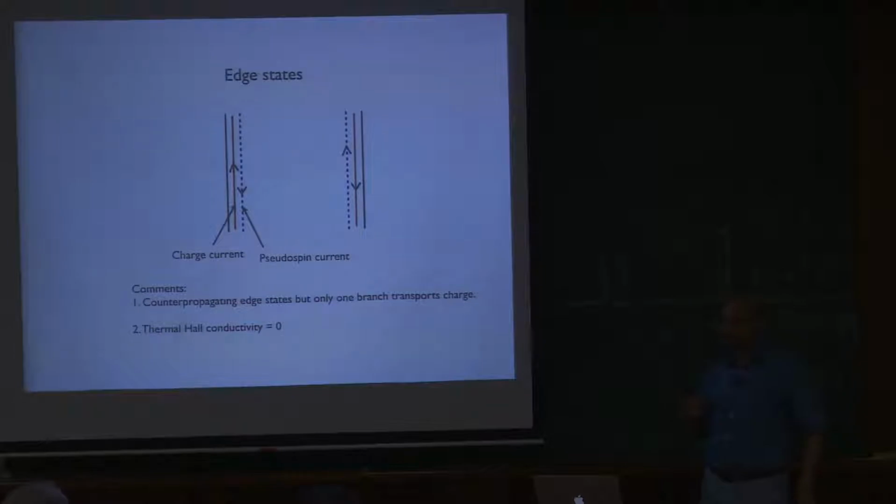All I need is charge conservation to preserve this edge state structure. But if I break all symmetries completely, then there's nothing to prevent backscattering with, say, impurities or something like that, and then I can localize the edges and nothing interesting will remain. So this is why it's a symmetry protected edge state.